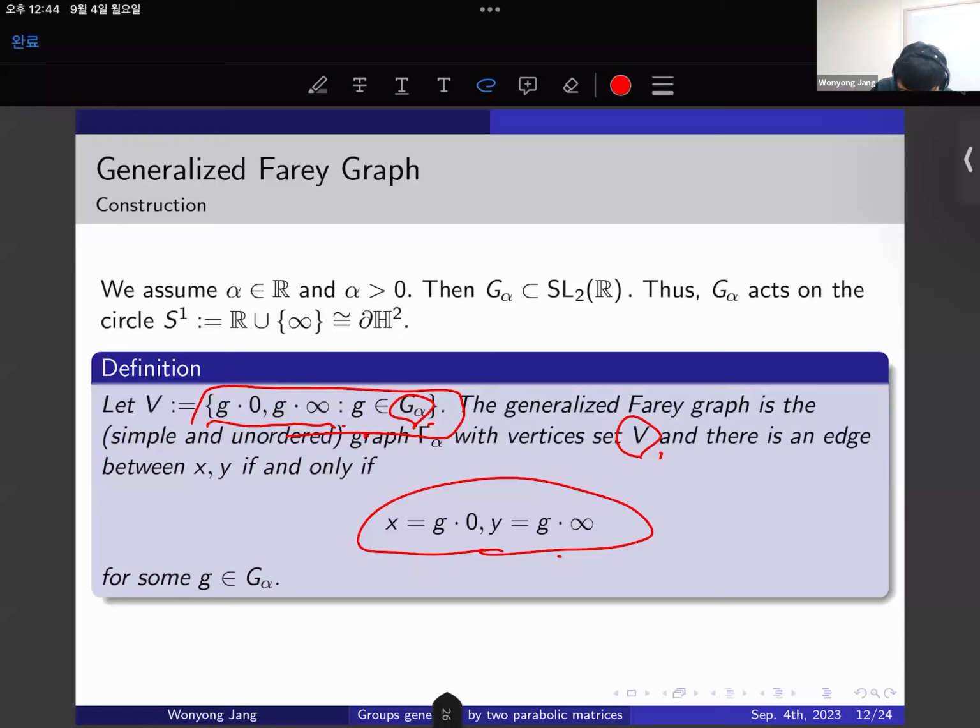Actually it is in H2, infinity and 0. Then G alpha acts on this space and makes many points. And it is the generalized graph.